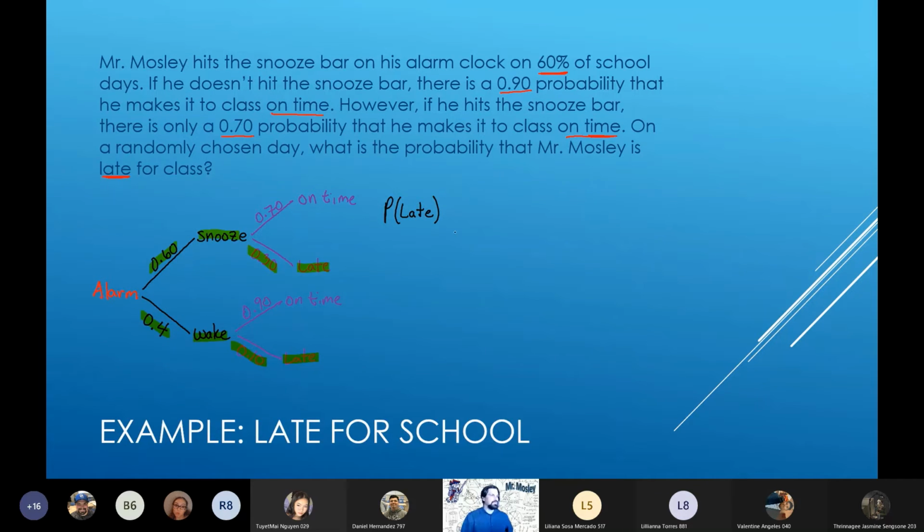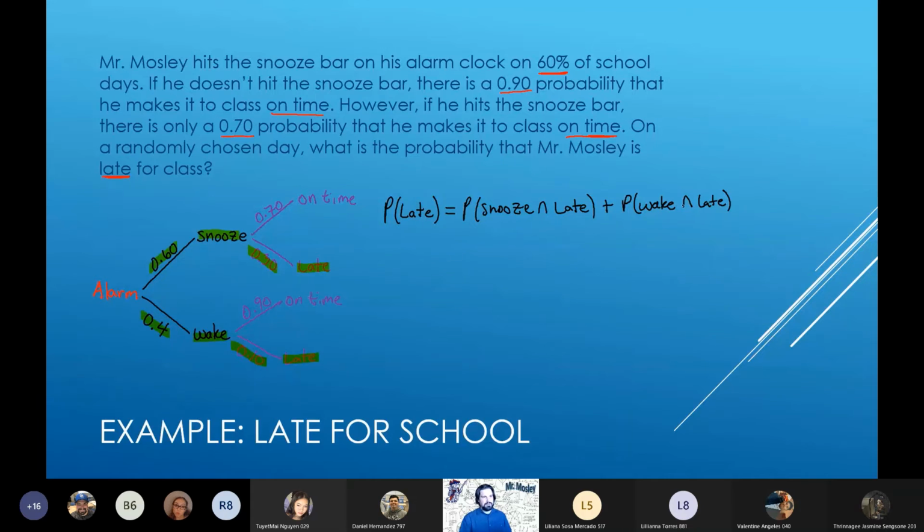So, probability of being late is equal to the probability that I hit snooze and that I'm late plus the probability that I wake up and I'm late.